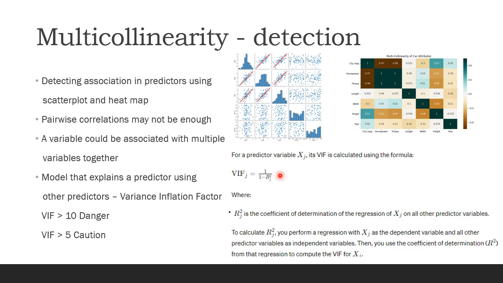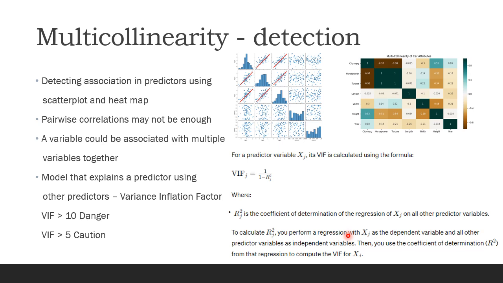So this is how VIF is calculated. It is 1 upon 1 minus R squared, where R squared, which we already calculated, is the coefficient of determination of the regression of xj on all other predictor variables. To calculate it, we perform a regression with xj as the dependent variable, that is the target variable, and all other predictor variables as independent variables.